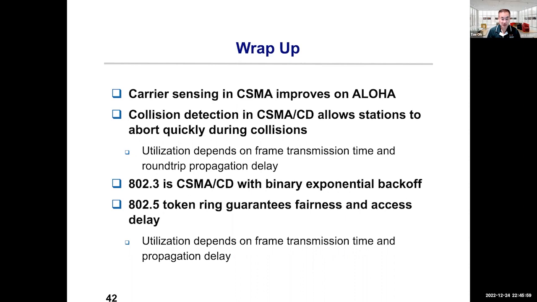One good thing is the binary exponential backoff, where it backs off randomly and you can try again. That's CSMA/CD, and it can be inefficient. Once we back off, we come back and try again fairly quickly, and if it doesn't work out, you come back after a longer period of time.